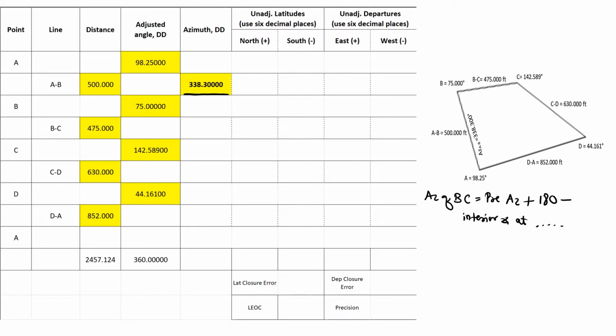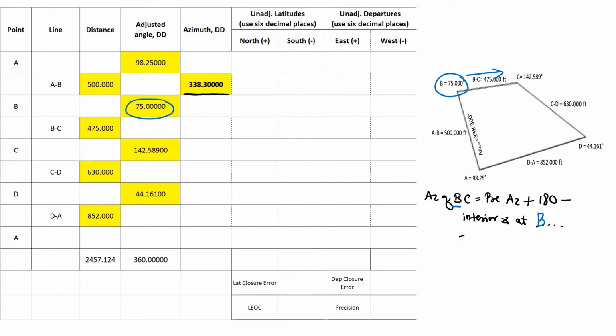Most students get confused here; they don't know which angle to take. You're trying to find the azimuth of the line BC, right? What is the starting point of the line BC? The starting point is B, right? So you take the angle at B, which is 75.